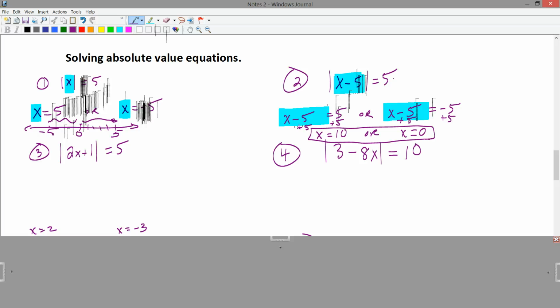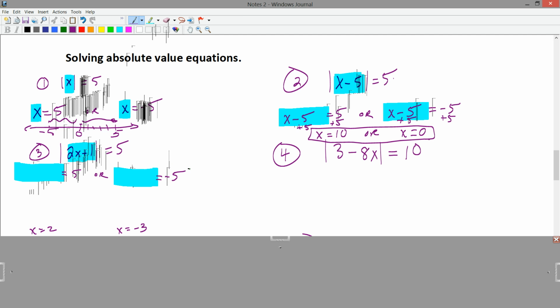And it's very similar to how we do number 2. We take this stuff on the inside, it's equal to 5. Or we take this stuff on the inside, and we say it's equal to negative 5.